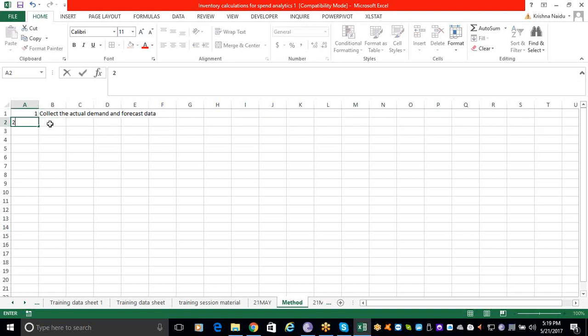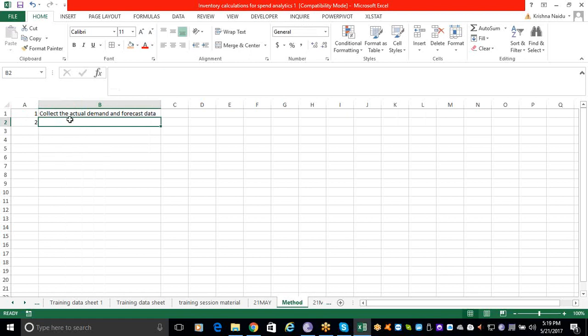Second, you have to draw the plot, draw the line plot, line chart. Third, visualize the outliers and the inliers.